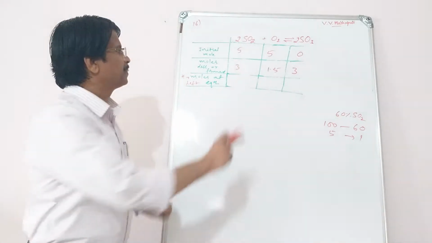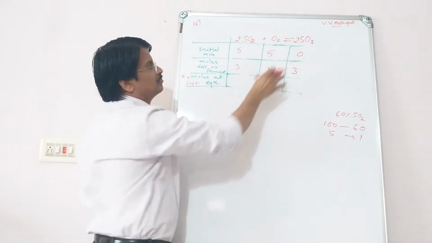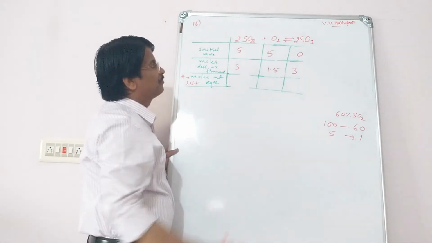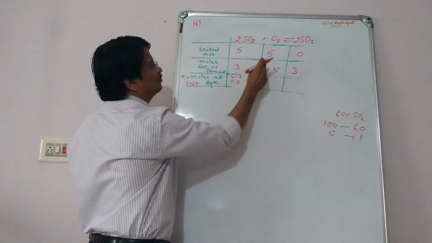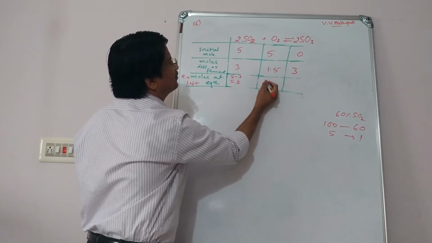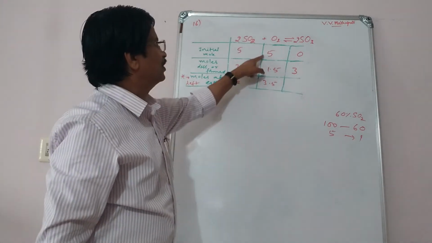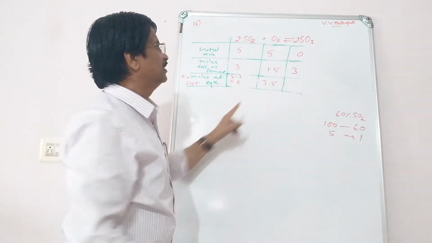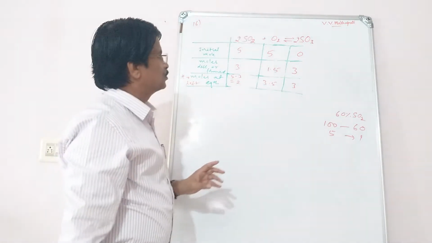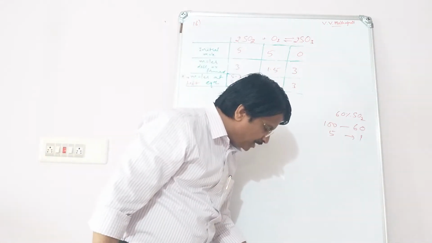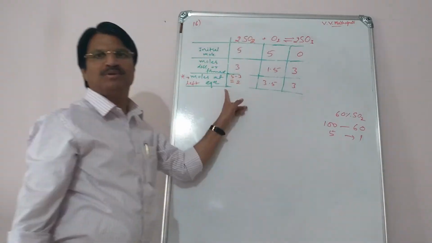And in the last line, at equilibrium, reactant side minus, product side plus. 5 minus 3 is 2, 5 minus 1.5 equals 3.5, and on the product side 3 plus 0 equals 3. But the question asks for the total number of moles of all these at equilibrium.